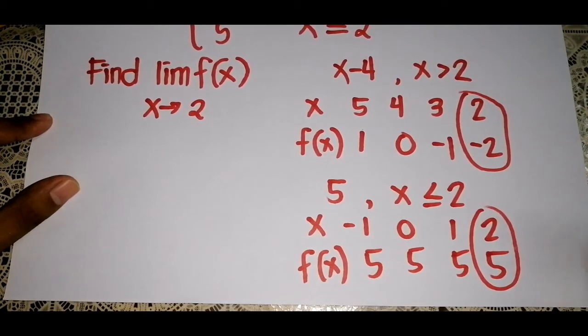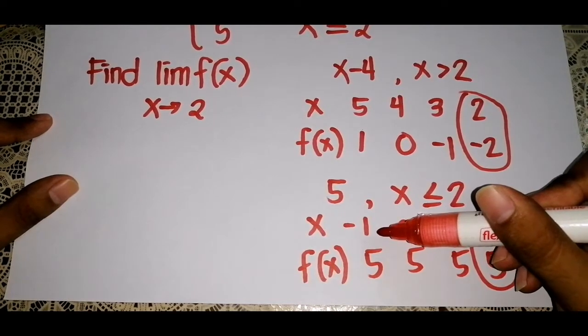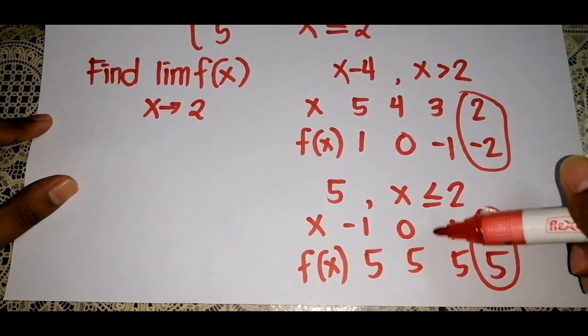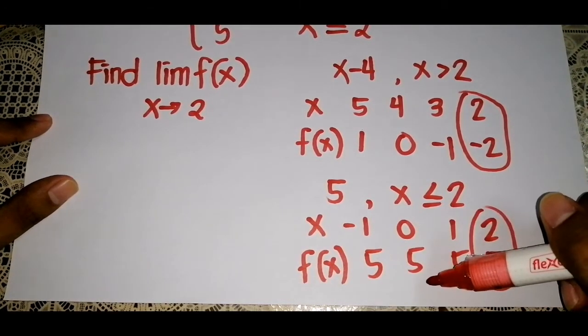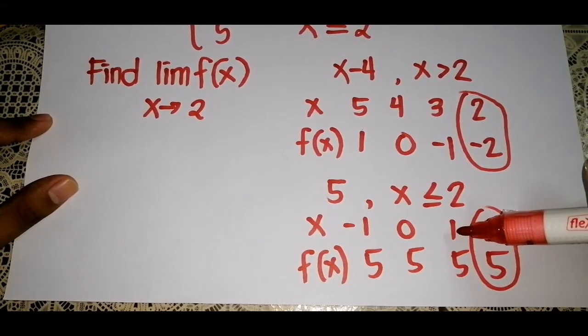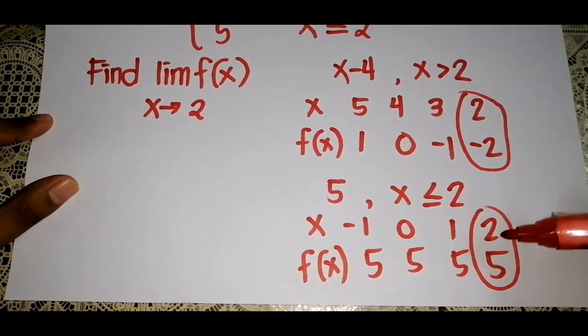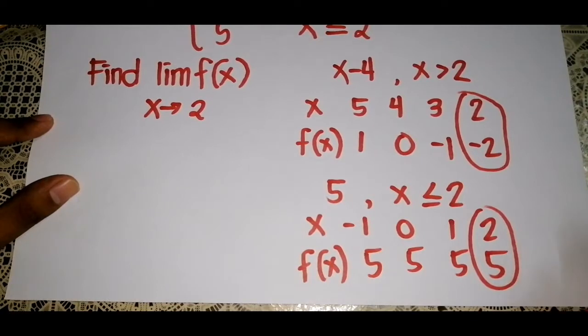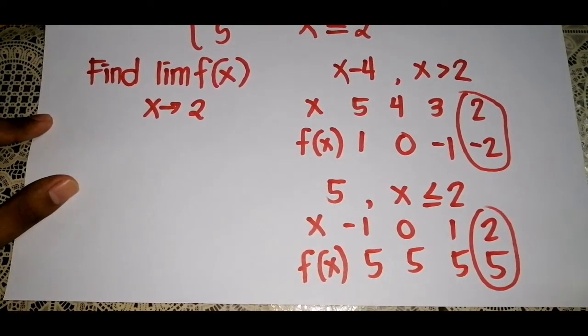Okay, sa second function, ito yon. So, when x is negative 1, syempre the function is 5. When x is 0, the function is 5. When x is 1, the function is 5. And when x is 2, the function is 5. When x approaches 2, ang limit dito ay 5.